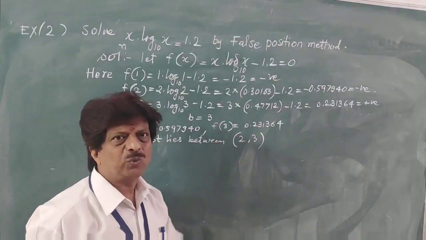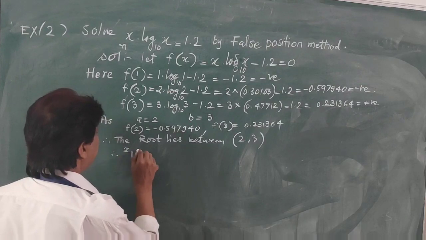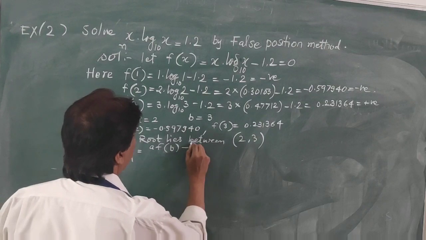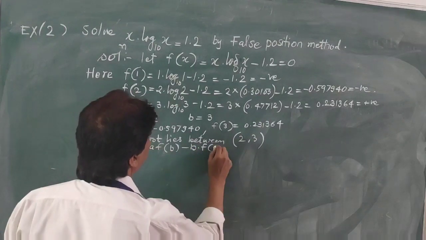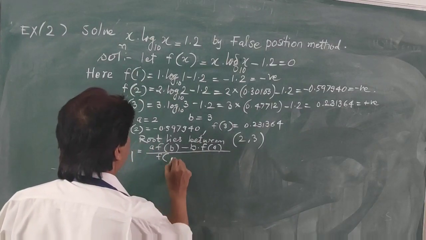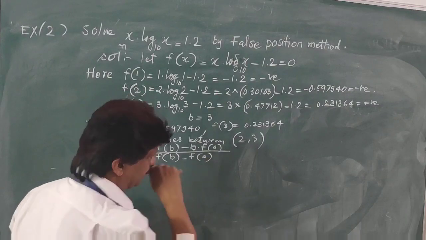We shall determine x1. Therefore, x1 is equal to, the formula for x1 is a into f of b minus b into f of a, divided by f of b minus f of a. Note this.